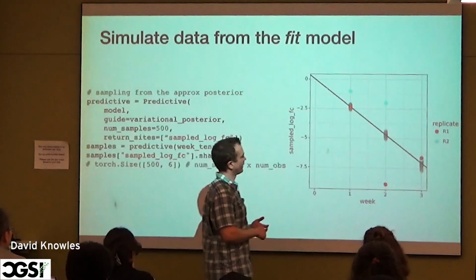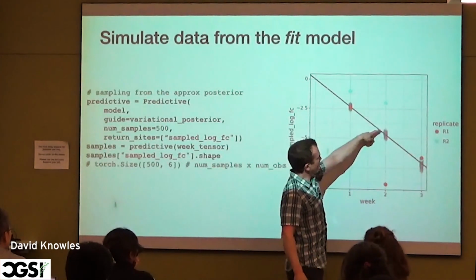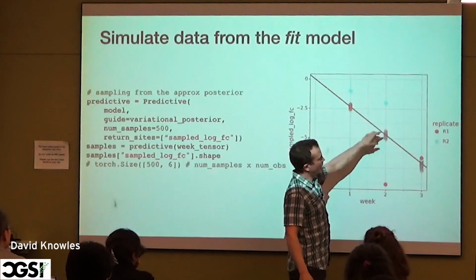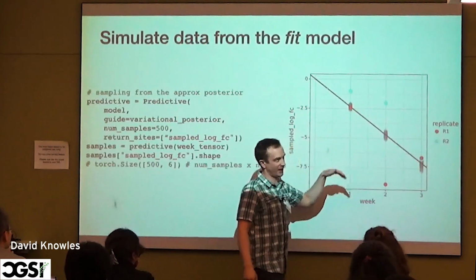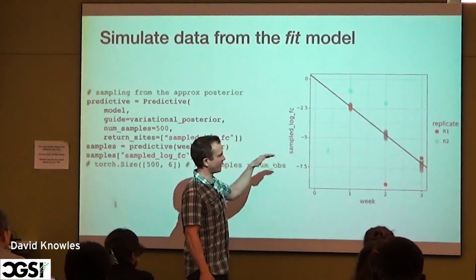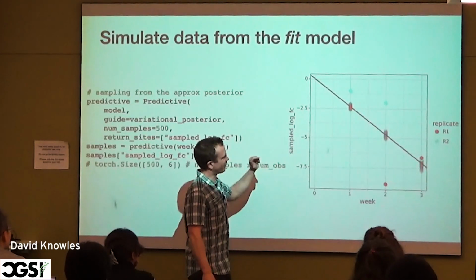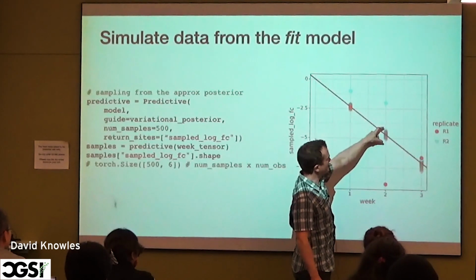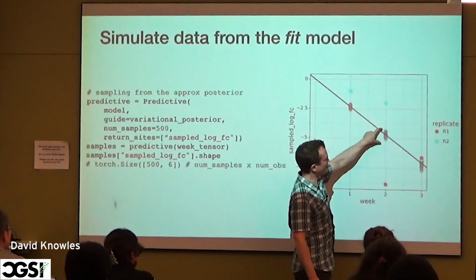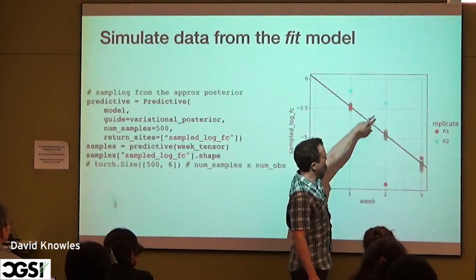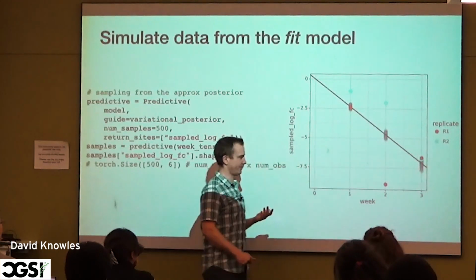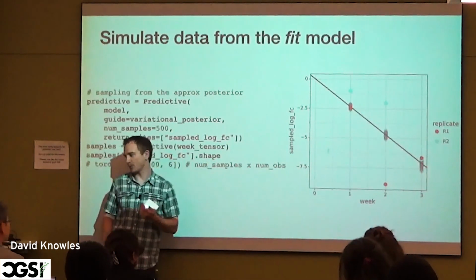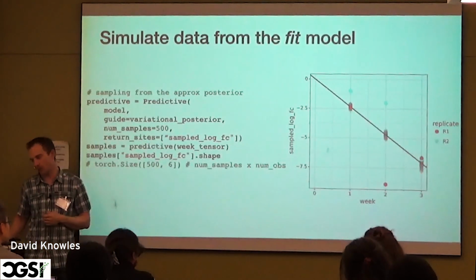All of these little gray points that are blurred on top of each other are simulated data from having fit this model. And you can see a bit of a problem already, right? The simulated data would all be very close to this line, whereas the actual data that we see is way further from this line. So we're clearly not representing the uncertainty in the data very well.